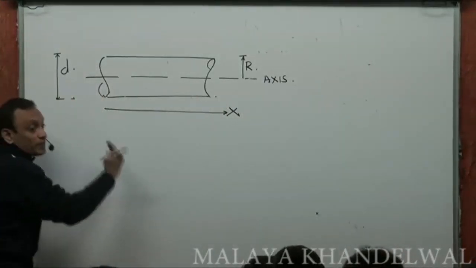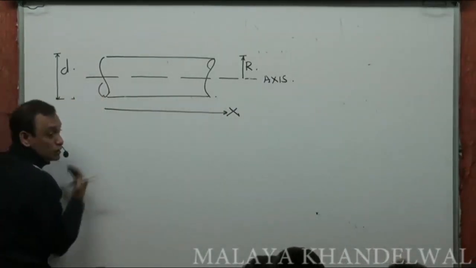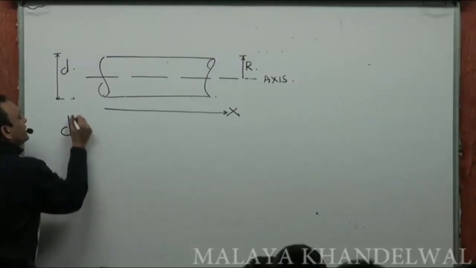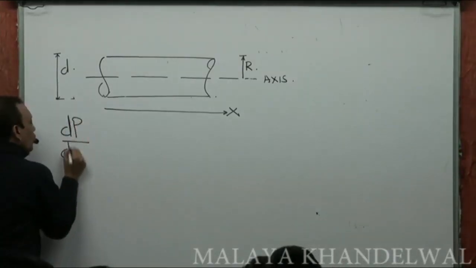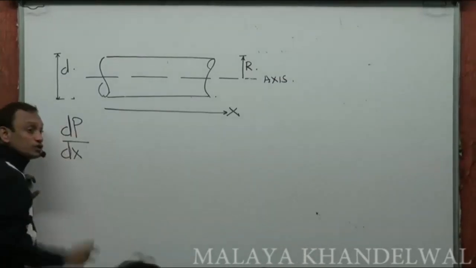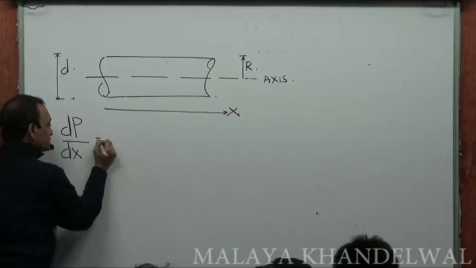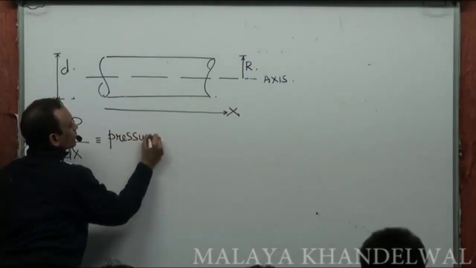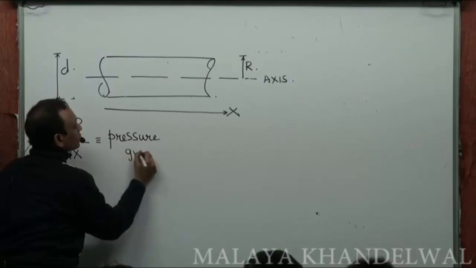Pressure decreases because of viscosity. We have what is called the pressure gradient dp dx. Over a distance dx, pressure decreases by an amount dp. That is the pressure gradient along the pipe.